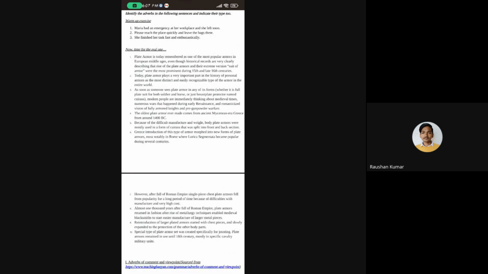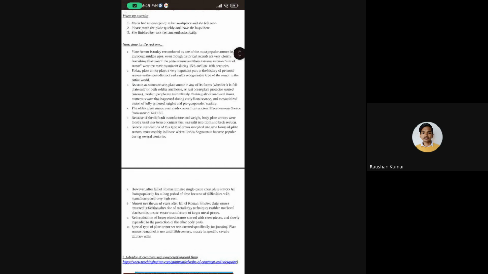Then what else? Any other classification? Ma'am, relative adverb. What are relative adverbs? We don't have relative adverbs. We definitely have relative pronouns, but they're a different category, or what we call relative clauses. Both of them are different. In adverbs, we don't have anything called relative adverbs, but we have other categories like the viewpoint adverbs or the comment adverbs, right?